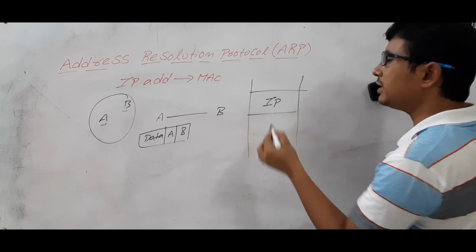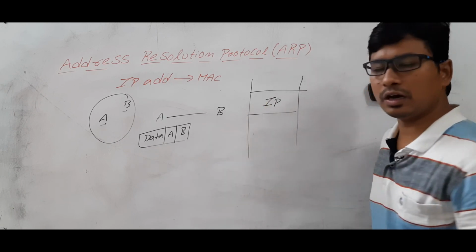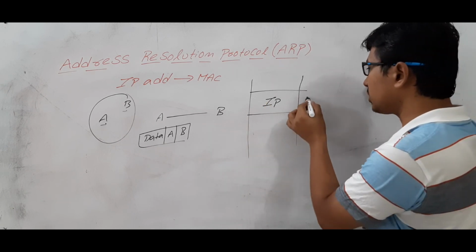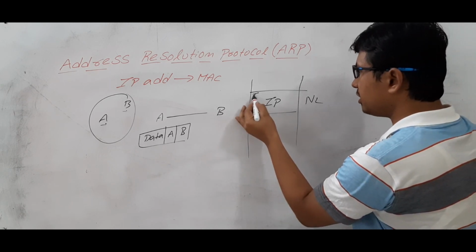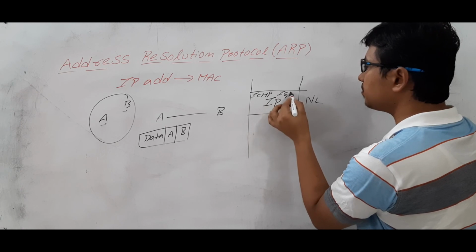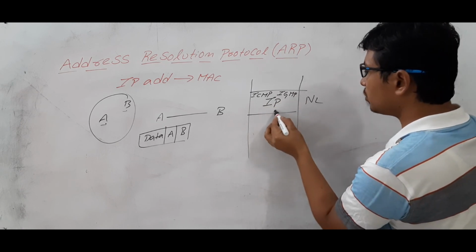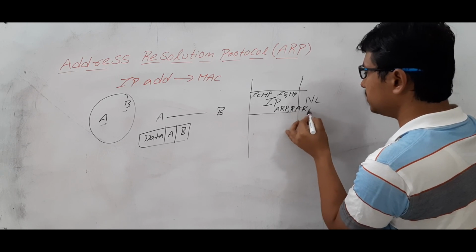The IP protocol is a very important protocol, the heart of the network layer. On top of that, we have the ICMP protocol and IGMP protocol, and down below we have ARP and RARP protocols.